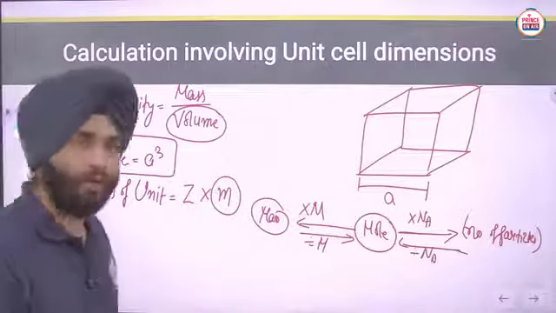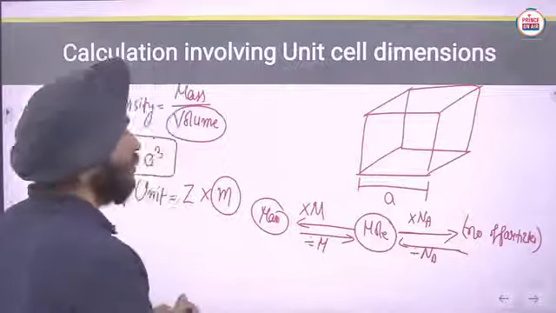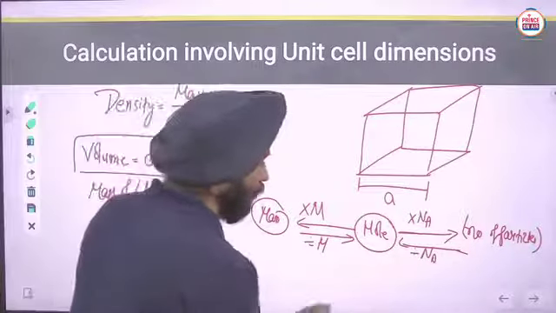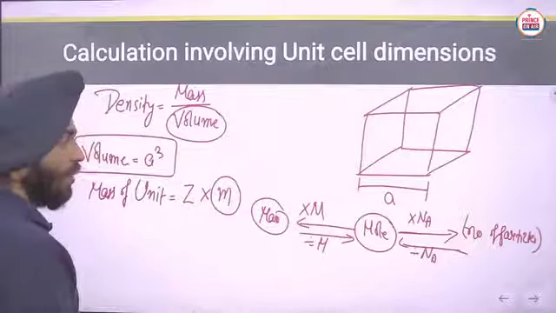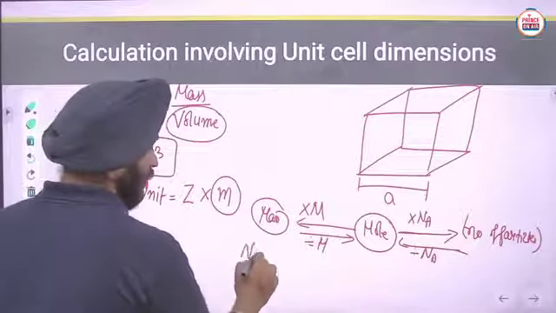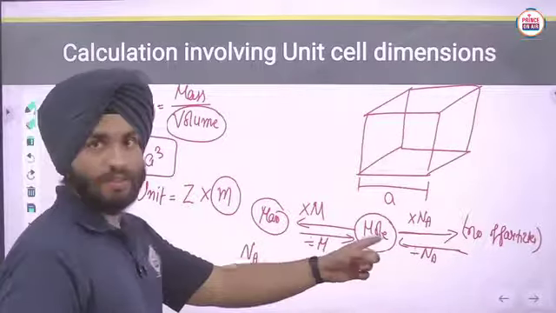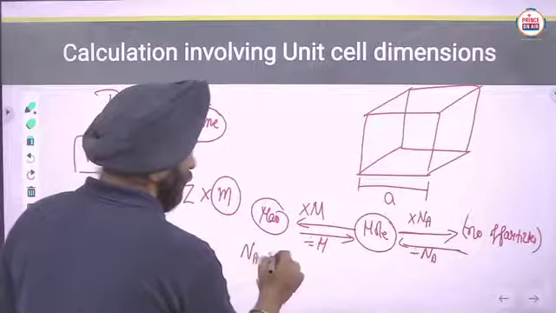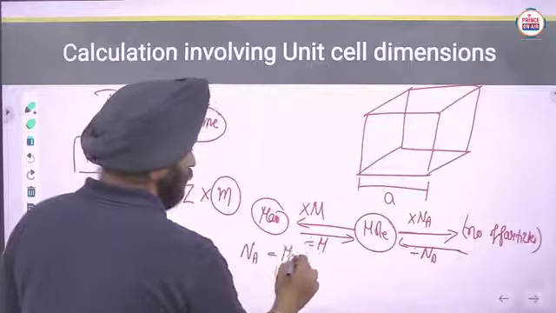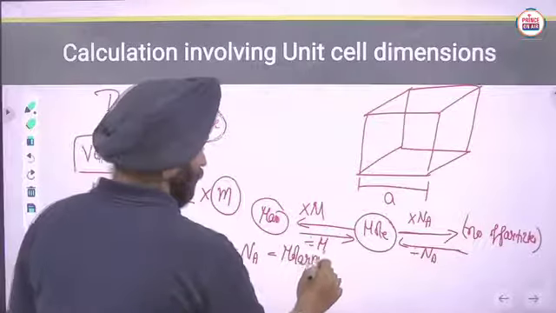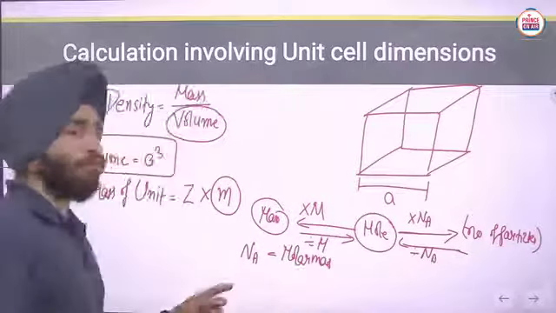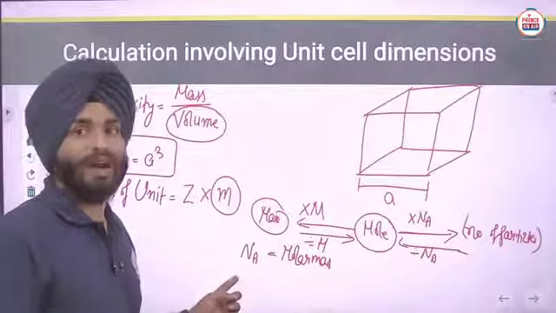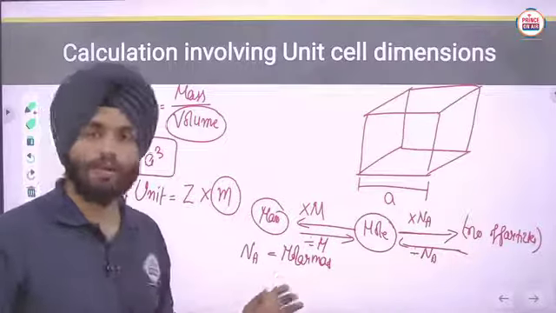Okay, that is Avogadro's constant. Now, Na is the number of particles which equals 1 mole, and it will be equal to the molar mass. Okay, it means the Avogadro's number of particles have a mass equal to the molar mass in grams.